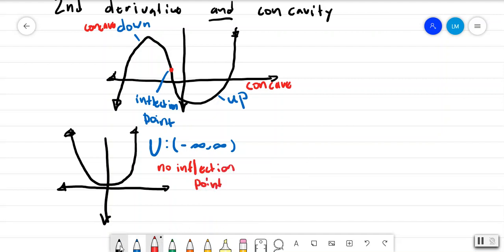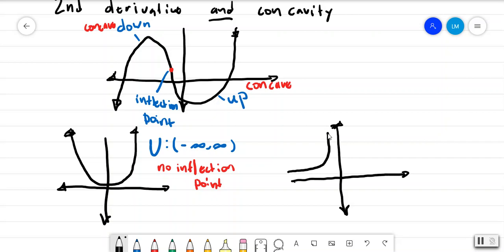But then if I draw another graph, for instance, I could draw another graph that looks something like this, and then maybe like this. So this one, the concavity changed, but here there is no inflection point.